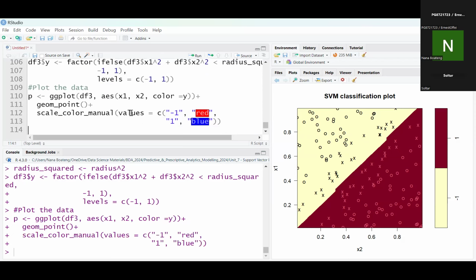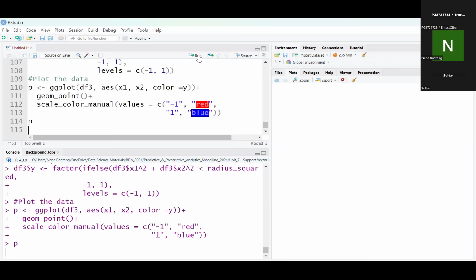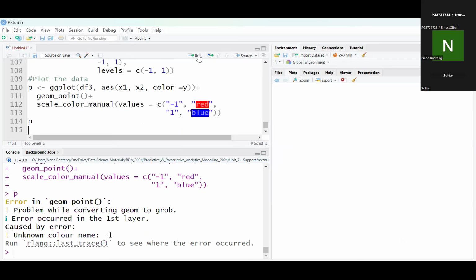So let's run p. We run into problems here.